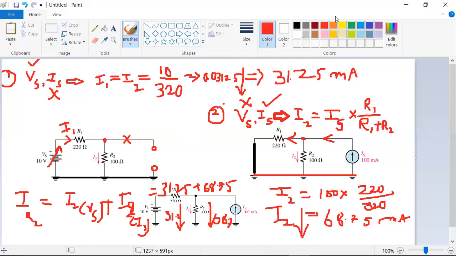So how much current? A total of 100 milliamps of current is passing through this I2, through the R2 resistor, when two sources are active. Hope it is clear. This is the way of doing the steps of the problem.